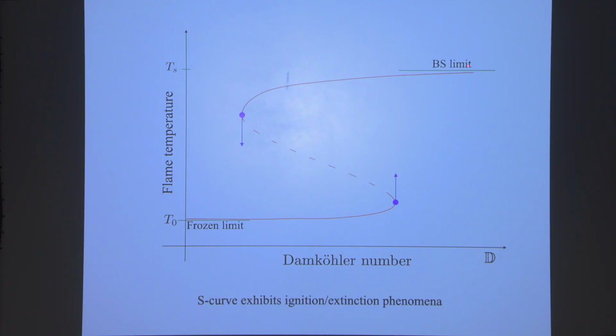And if you start with the Burke-Schumann solution and decrease the Damköhler number, for example, by increasing the velocity, then eventually you come to a point that the only solution is dropping to the one below, which describes extinction. Okay?